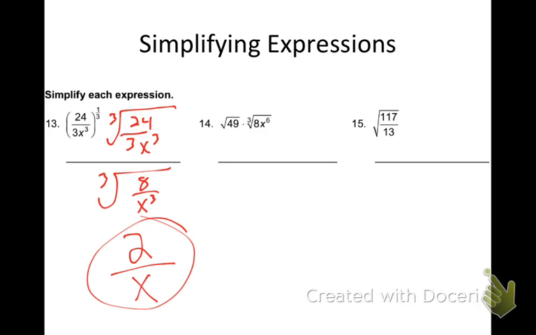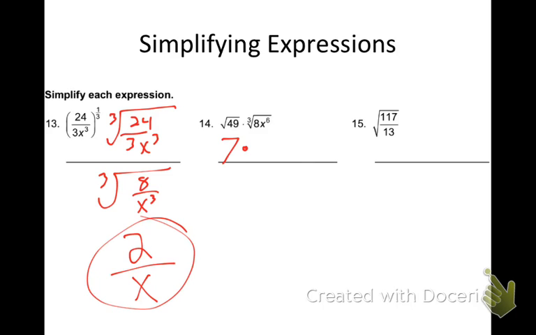Number 14. What do you notice about these two radicals here? Are they the same? No, I have a square root and I have a cube root. So I need to simplify each one first. I can't multiply them. I have to simplify first and then I can multiply. What's the square root of 49 come out to be, Maddie? 7.